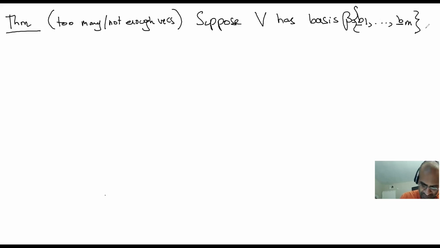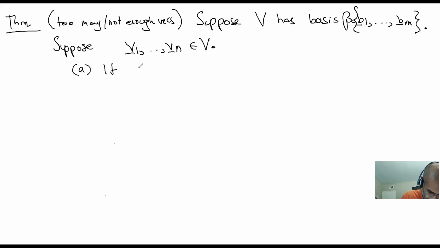So it has some basis. And now suppose you have a bunch of other vectors, V1 through Vn, that lie in this space. And there are two things. If the vectors are linearly independent, then the number has to be less than the dimension of the space.